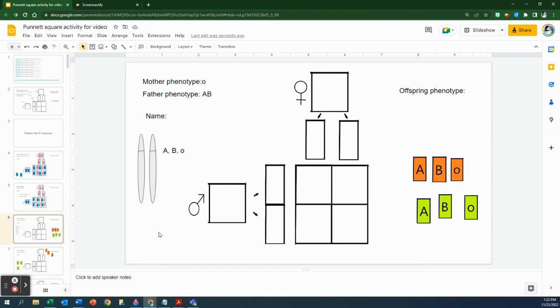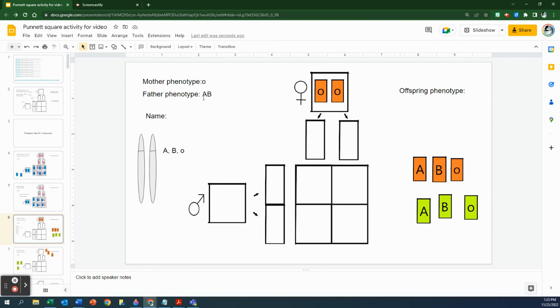Mother has the phenotype of O, so that's the recessive one. So it's clear, because she has a genotype of O, she's got to have two of the little o's, even if you have no idea what this is.